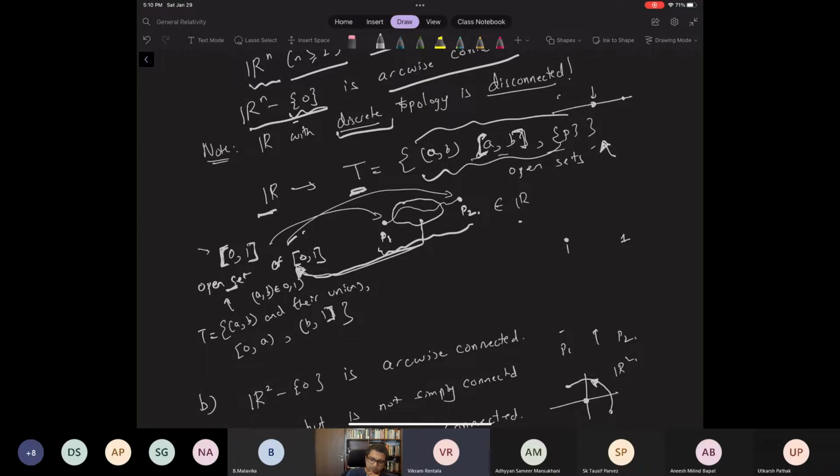This map should be continuous for every P1 and P2. So can you think of a choice of P1 and P2 such that you will not get a continuous map?